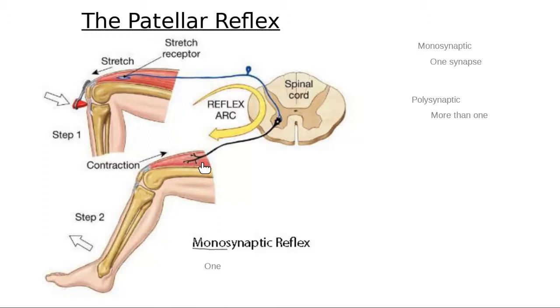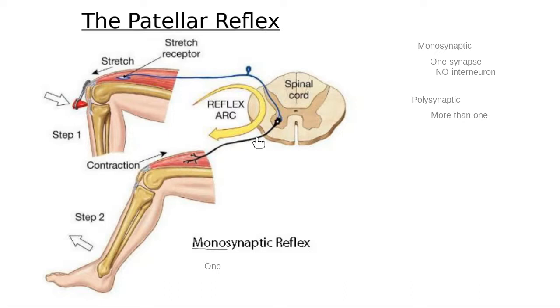When we have a monosynaptic reflex, there is no interneuron. We go straight from a sensory neuron into a motor neuron. We do zero processing. That's why the patellar reflex is so fast, because there's no processing.